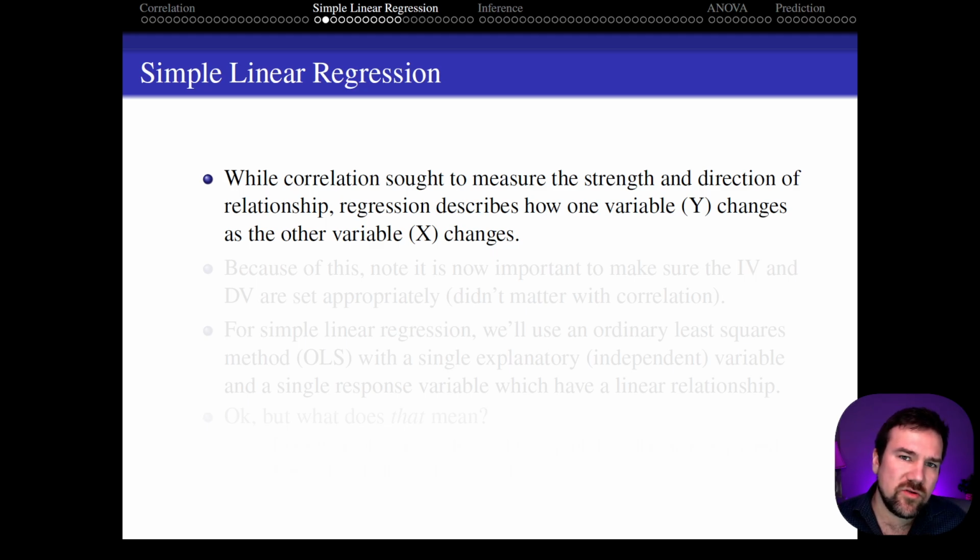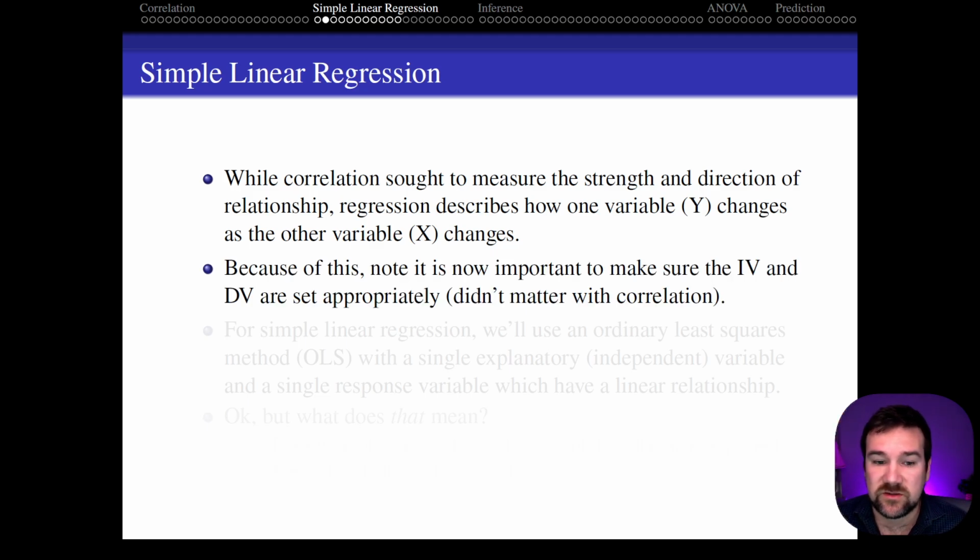So again, correlation looks to measure the strength of the relationship, but regression talks more specifically about how X and Y relate to one another. With correlation, we looked at the cloud, but with regression, at least in the basic simple linear regression equation, we look at the line.